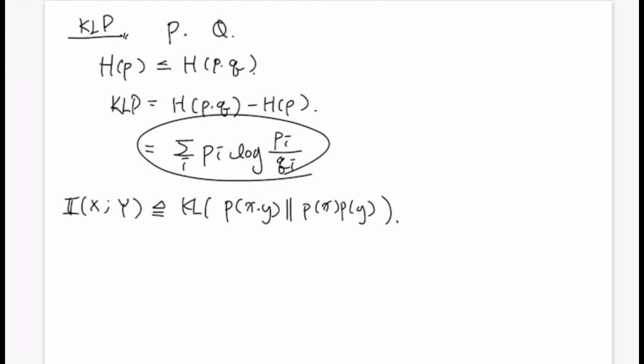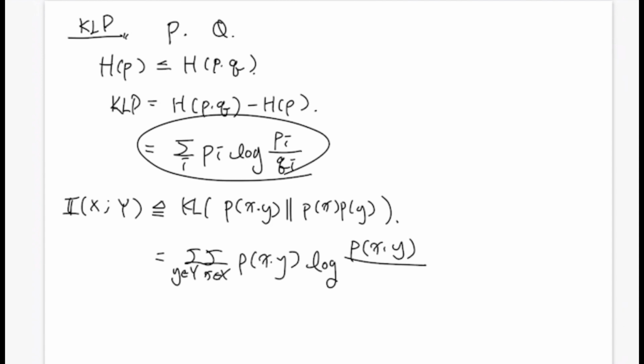And by using this equation, we can write this as summation over y in large Y and summation over x in large X of p(x, y) times log, with the joint probability distribution in the numerator and p(x)p(y) in the denominator. We can see that if x is independent of y, log 1/1 is 0, so the mutual information is 0. It means that if you have larger mutual information, the two variables are more dependent.